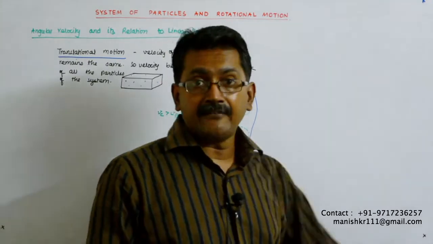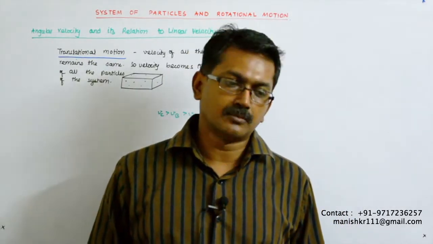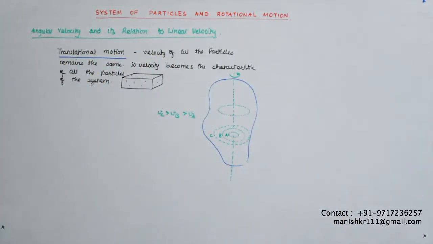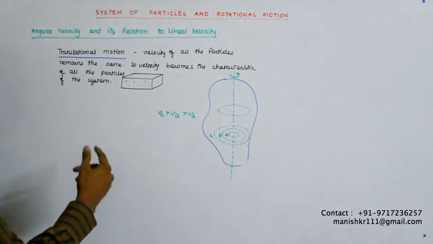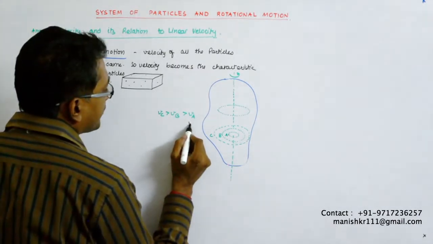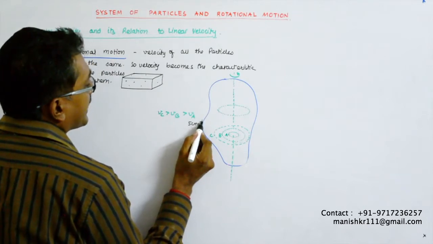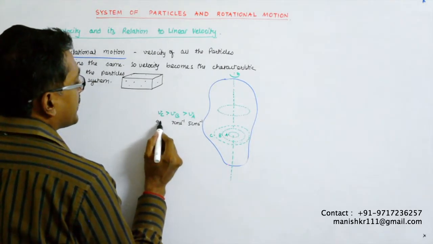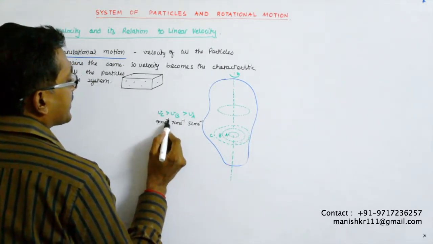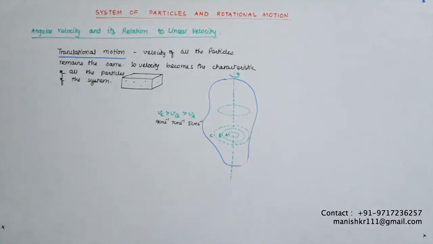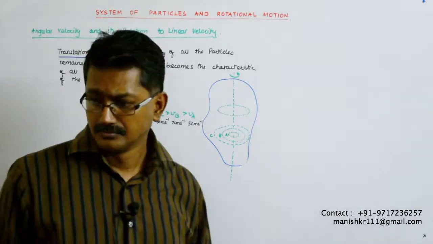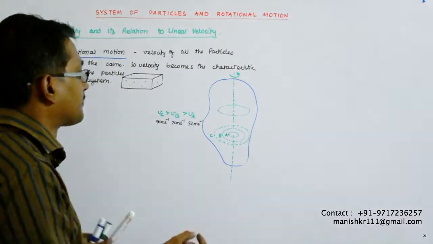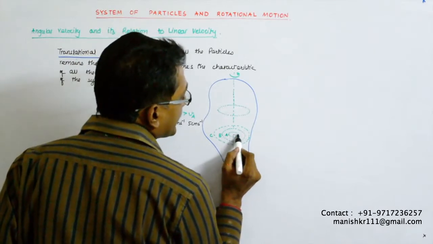Now, the way we have defined velocity in translational motion, that creates a problem here. Why? If I say this is 5 centimeter per second, then this fellow may be 7 centimeter per second, and this may be, say, 9 centimeter per second. Now, which velocity do I define? If I say 7, then I have to say which one is having a velocity of 7.